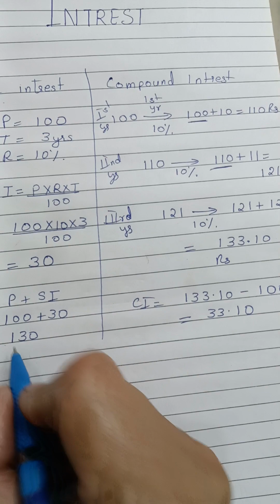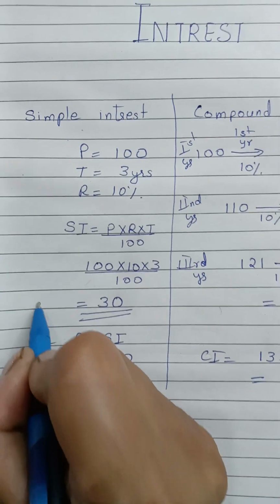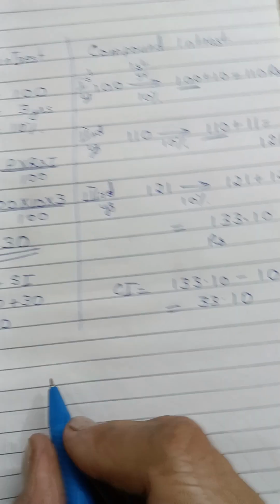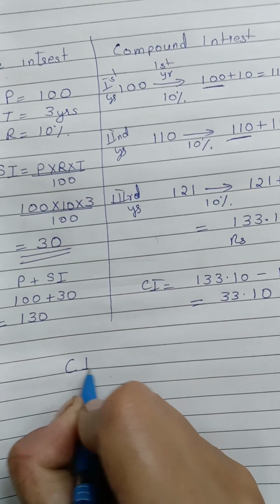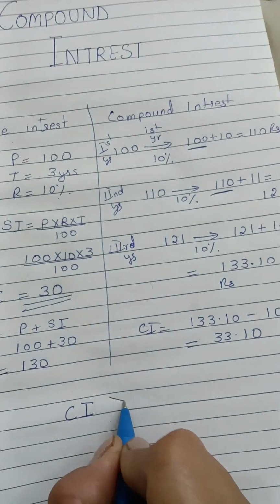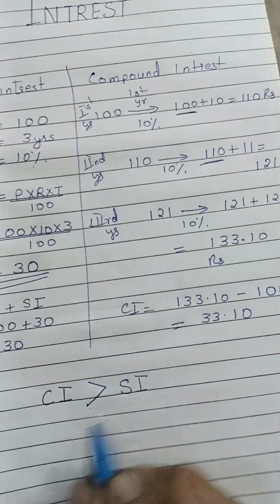Now we can compare. Initially the simple interest was rupees 30 and compound interest is 33.10. So definitely for the same principal, same time period and same rate of interest, compound interest is greater than simple interest.